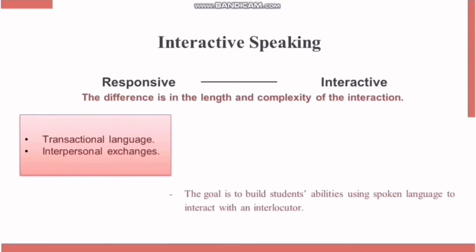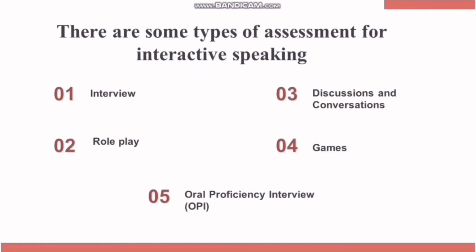Interaction can take the two forms of transactional language, which has the purpose of exchanging specific information, and interpersonal exchanges, which have the purpose of maintaining social relations. So, the goal of interactive speaking is to build students' abilities using spoken language to interact with an interlocutor. There are some types of assessment for interactive speaking.